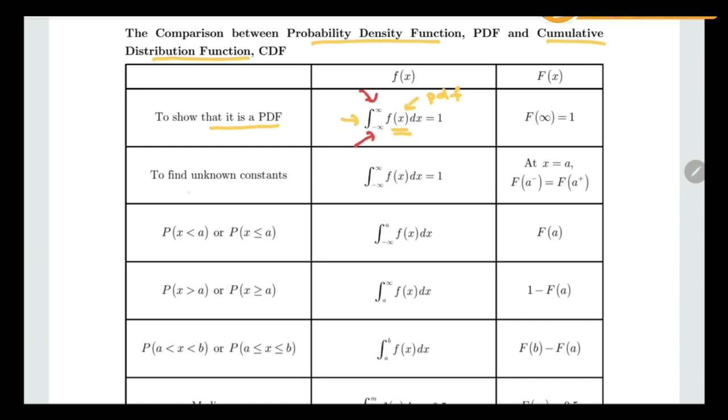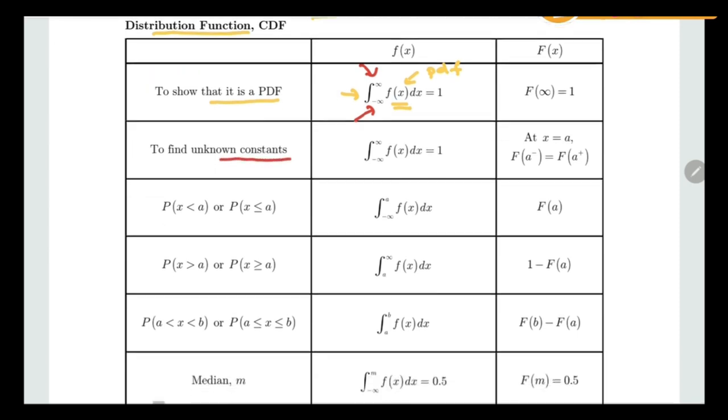Next, to find the unknown constant for the PDF, you have to integrate from the lowest to the uppermost limit and equate to 1.